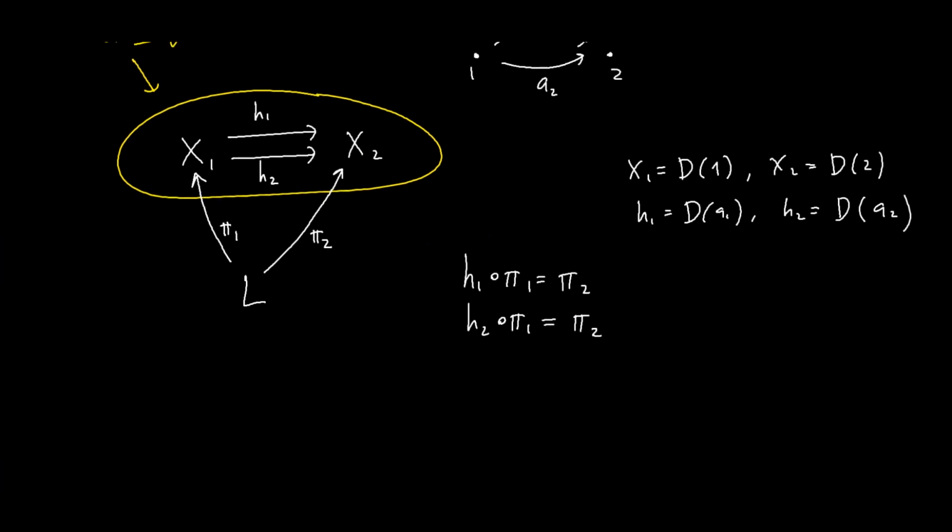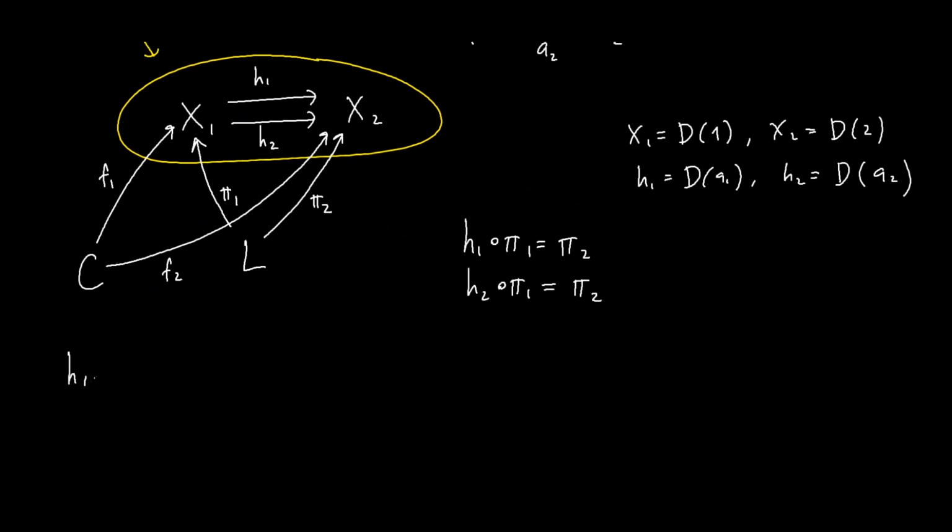Now, the limit is such a diagram, the diagram consisting of L, pi1, and pi2, with the property that if I have another such thing, so if I have C with F1 and F2, satisfying similar requirements, that H1 composed with F1 equals H2 composed with F1 and equals F2, then there must exist a unique arrow from C to L. Let's call this F bar.